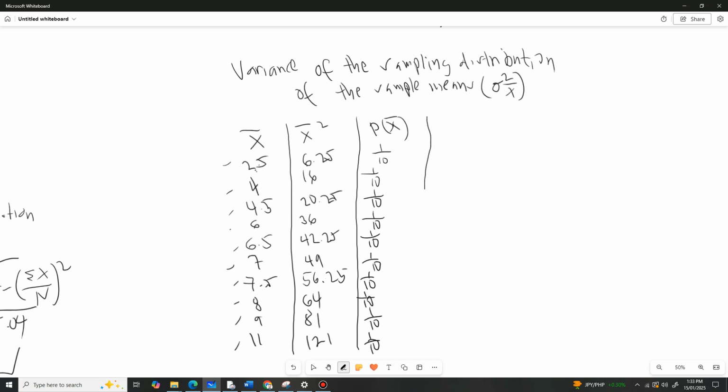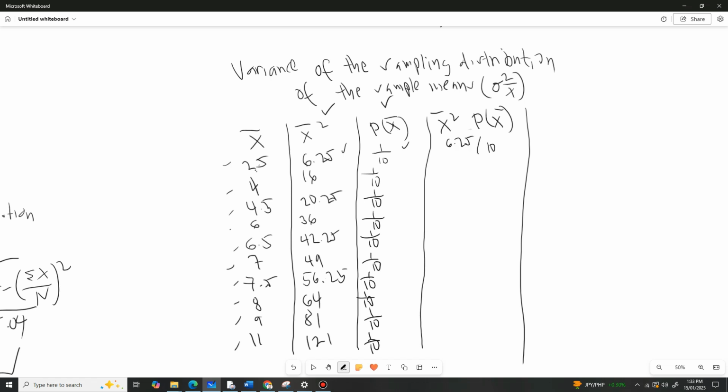Then we will add another column for x bar squared times p of x bar. It means that we will multiply this column by this column. So 6.25 times 1 over 10 will give us 6.25 over 10. And then 16 for the second row times 1 over 10 will give us 16 over 10. And we will do this for the rest of the rows.